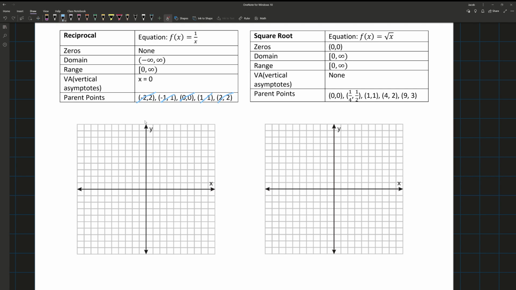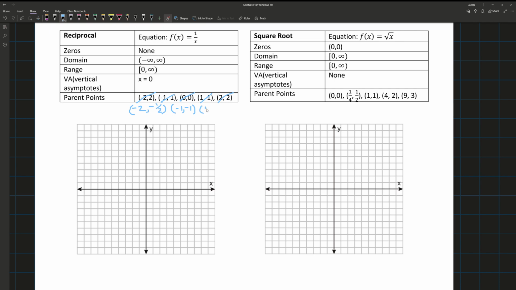But the parent points for this graph are going to be -2, -1/2, -1, -1, and then we're actually going to do 1 extra. So instead of 5, we're going to have 6 here.